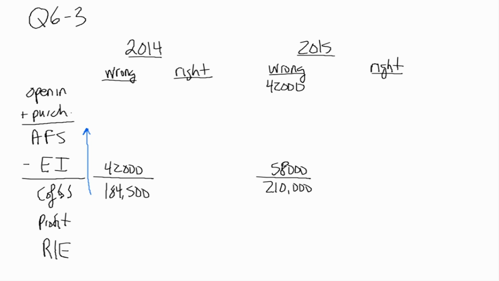Okay, so we've got 226,500. Now, does everybody agree that 226,500 must be right? Do you think 226,500 is right? So Chelsea, why do you think that it's wrong?